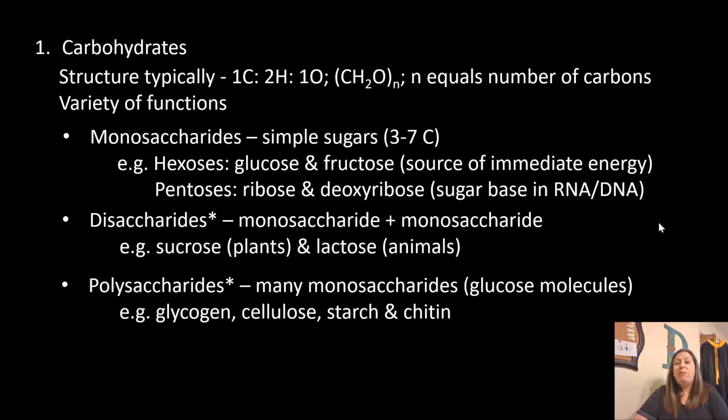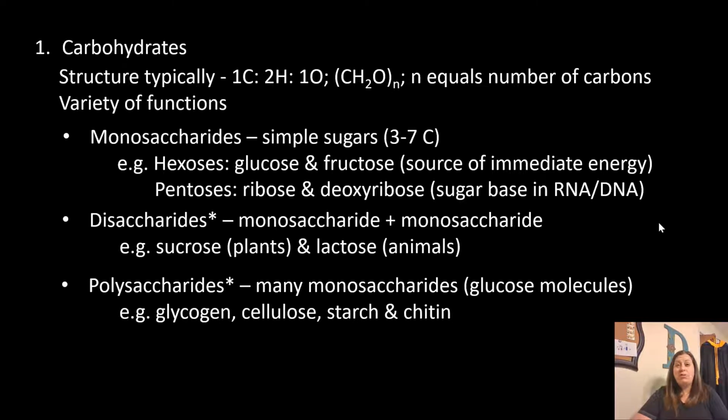Now, when you add even more monosaccharides to that structure, it becomes polysaccharides. Polysaccharides are up to thousands of monosaccharides put together. Some examples are glycogen, cellulose, starch, and chitin. Glycogen is how animals like ourselves store our excess sugars, like in our muscles and our liver.